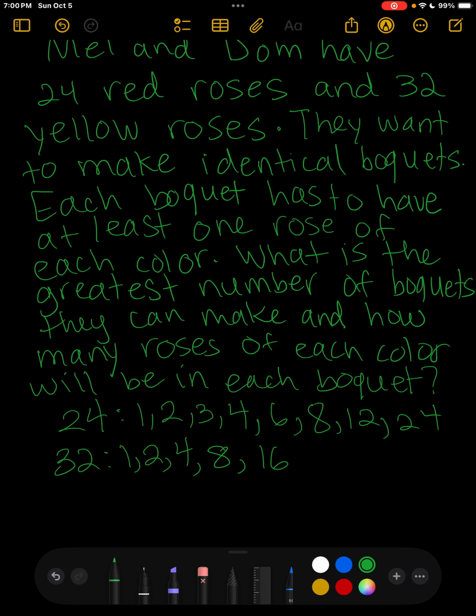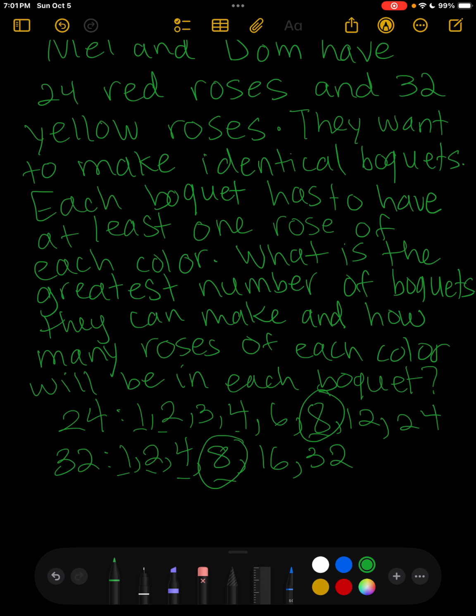And then obviously divisible by 32. Okay. So then we have to find the greatest common factor. These are common, there's still a greater one. So now we know that we could have 8 bouquets, okay? So that's how many bouquets we'll have.